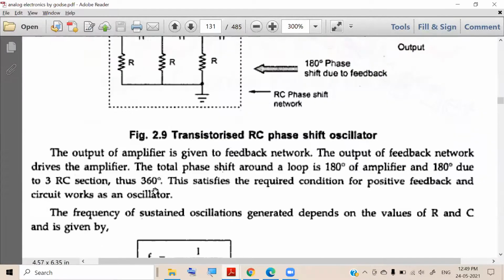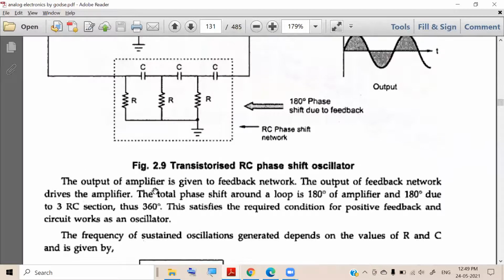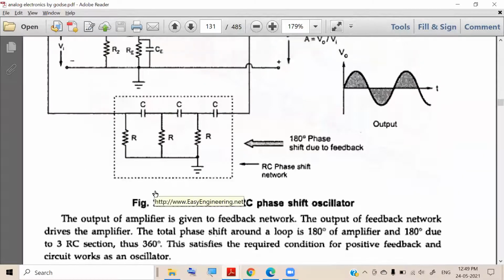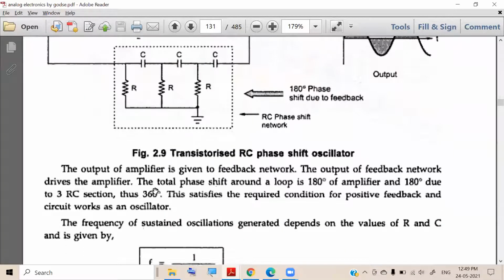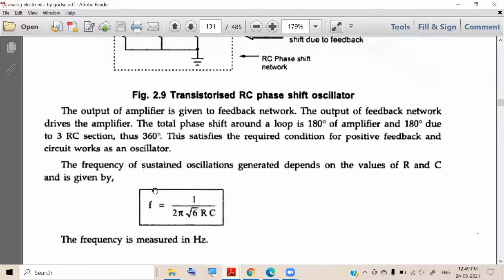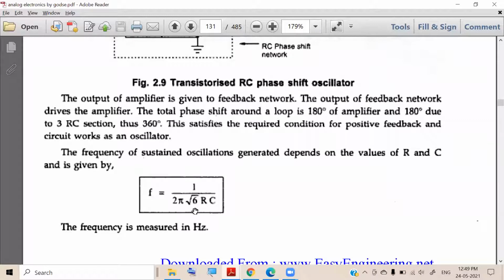Now if we repeat the same process, that is A beta equal to 1, and simplify, we will get the frequency of oscillation as 1 by 2 pi root 6 RC. The derivation we will see shortly.